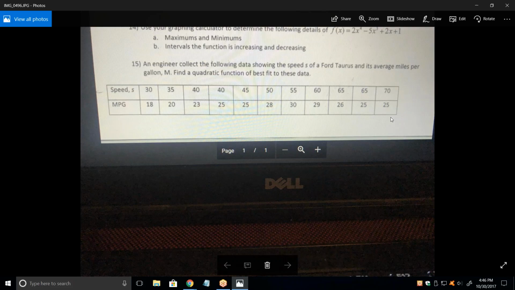Yeah. You know how to do it? Don't I just put it into a spreadsheet and then get the, what is it called? Put it into the first columns of a spreadsheet. And then get the quadratic regression? Exactly. Okay, let me do that.